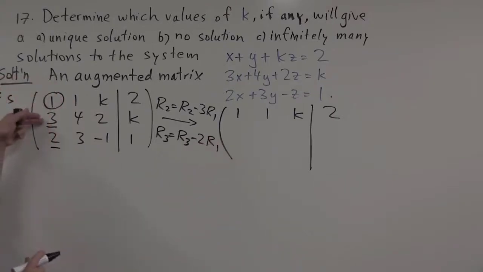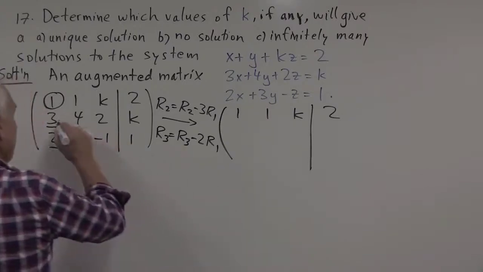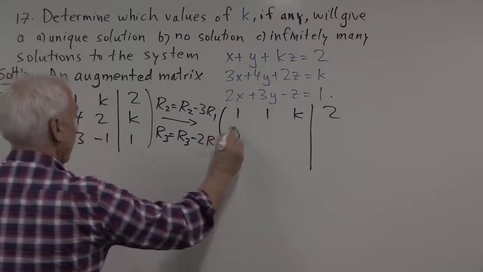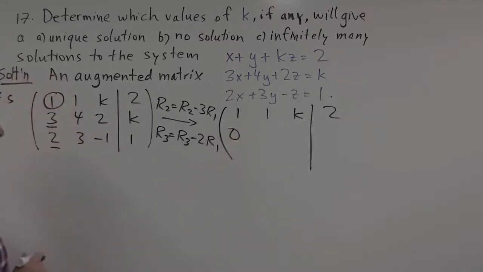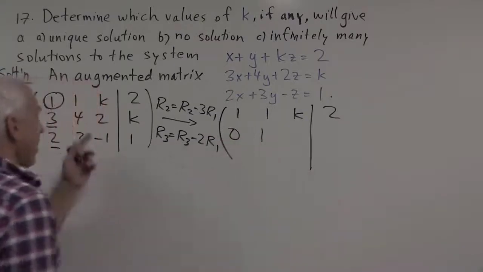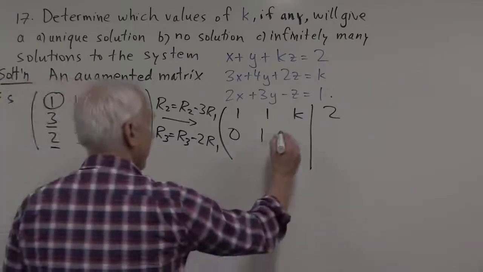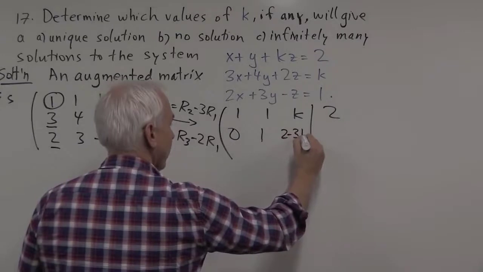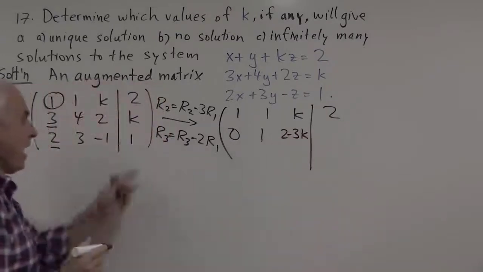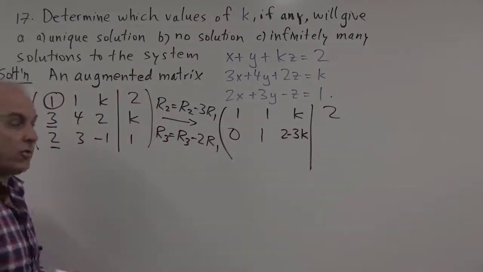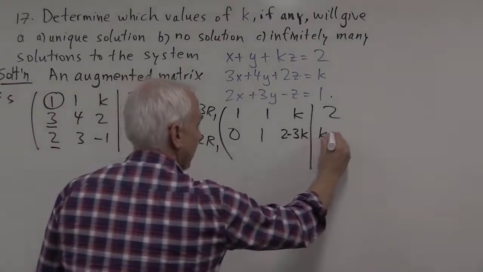So we take row 2 and we subtract 3 times row 1. What do we get? 3 minus 3 times 1 is 0. 4 minus 3 times 1 happens to be 1. And 2 minus 3k is just 2 minus 3k. That's all we can say. And k minus 3 times 2 is k minus 6.